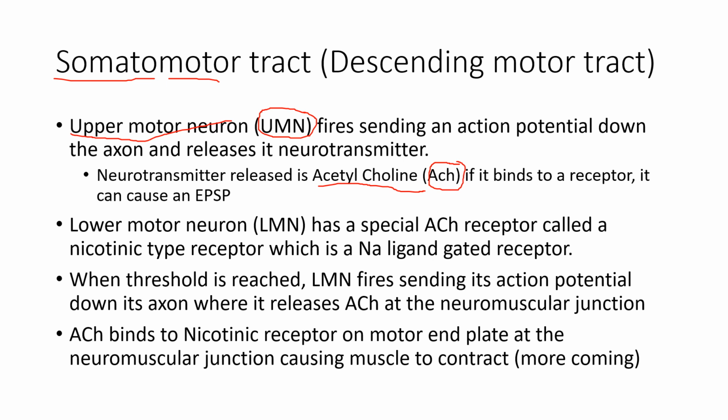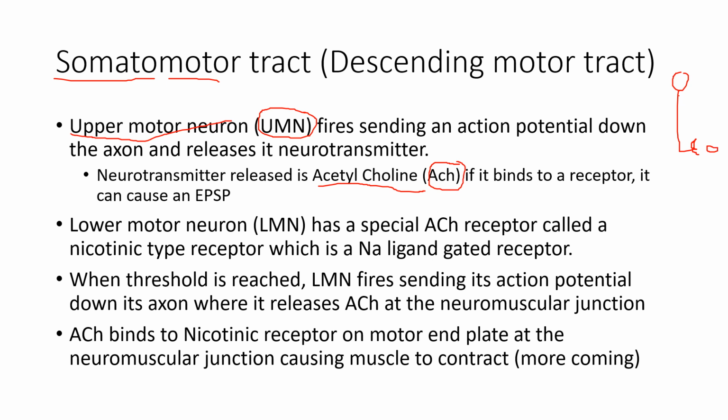Acetylcholine binds to a receptor. So what you're talking about is the first neuron coming down, releasing acetylcholine, and it's going to bind to a second neuron.